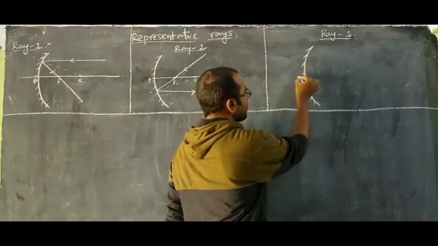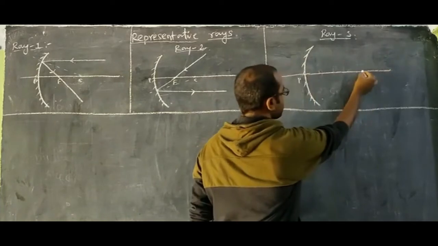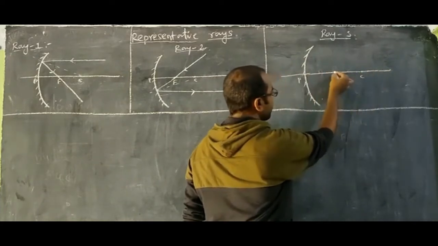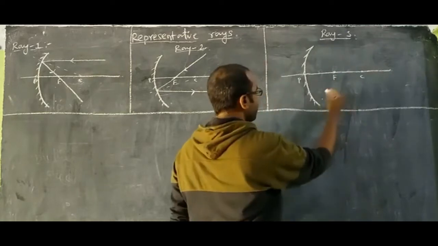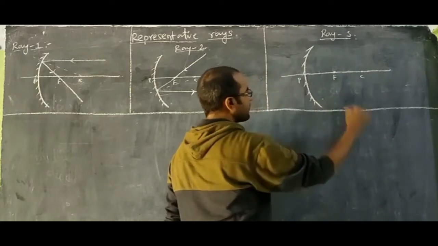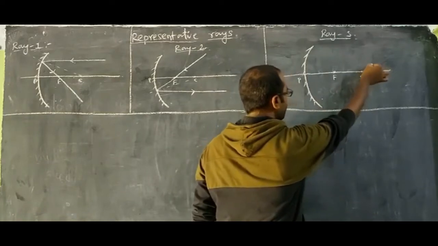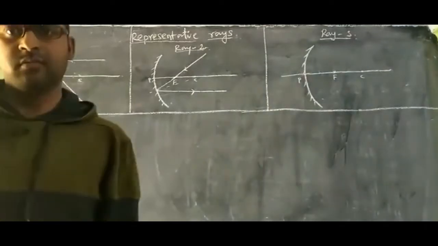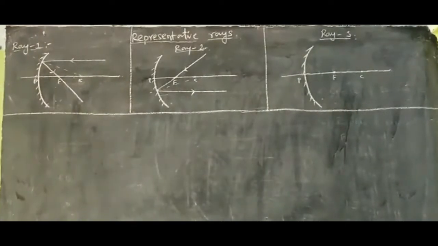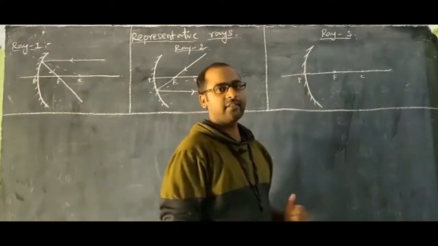Here the pole, principal axis, center of curvature, focus. Then the next ray, ray 3, let us take.